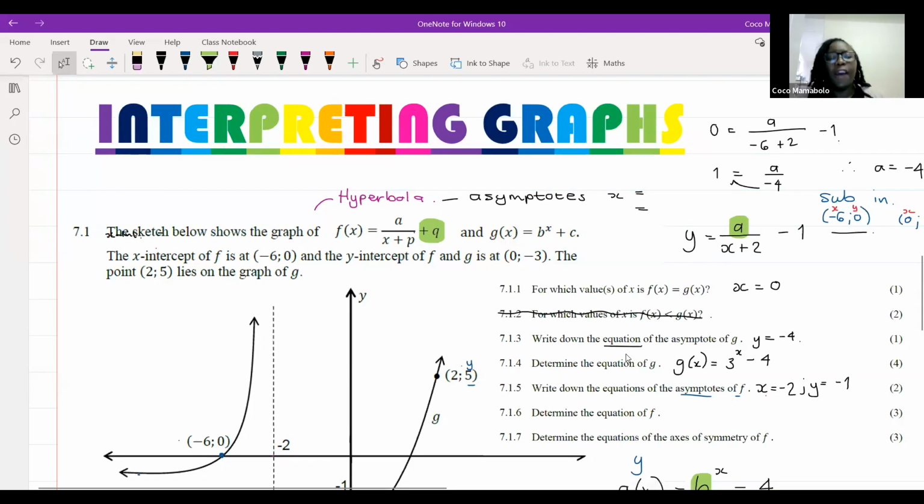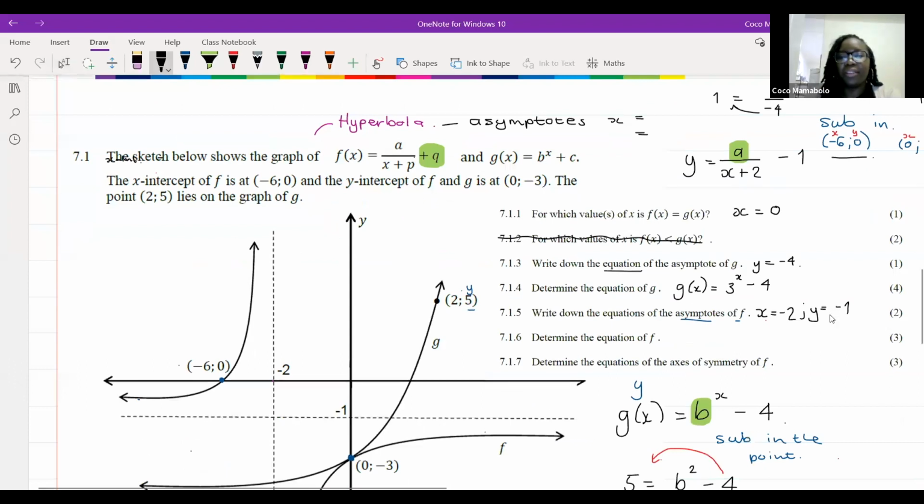It must be, because if my value was positive, then I've definitely done something wrong. Okay, that's okay. So we know we're going to replace a with negative 4. So our graph of f will read f of x is equal to negative 4 over x plus 2 minus 1.